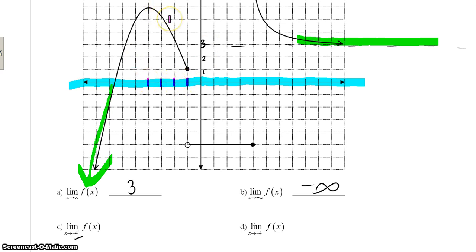So as x approaches negative 4 from the right side, f of x approaches 4, 5, 6. Looks like 6 right there. And our next one says the limit as x approaches negative 4 from the left side is, again, 6.